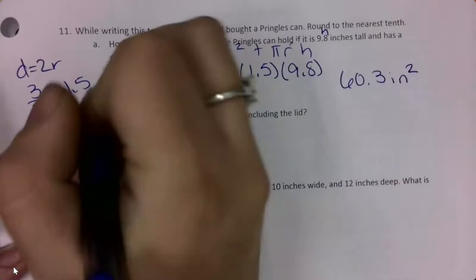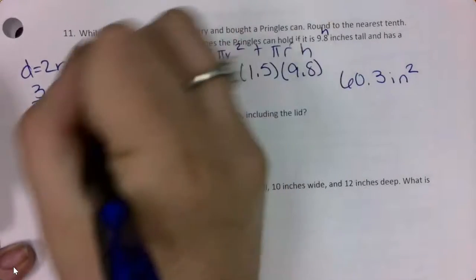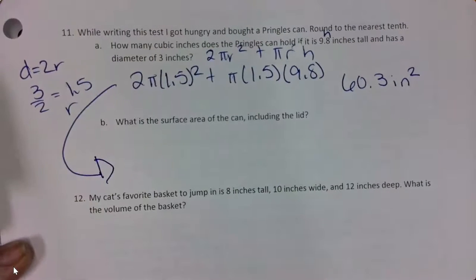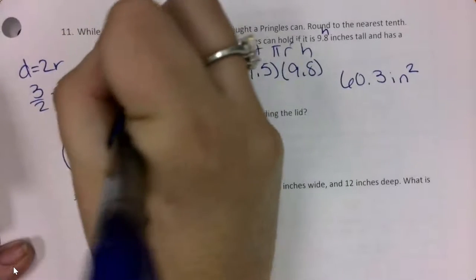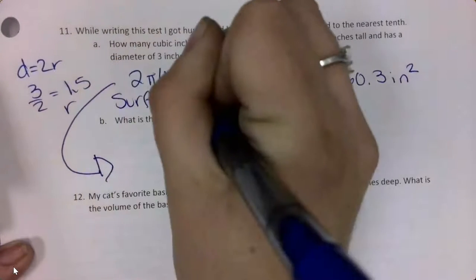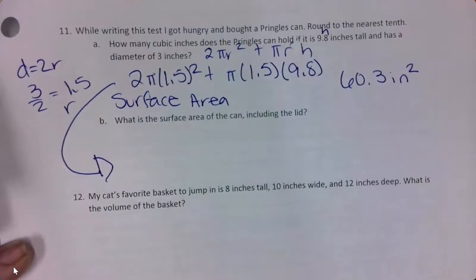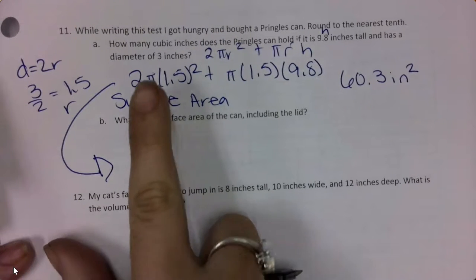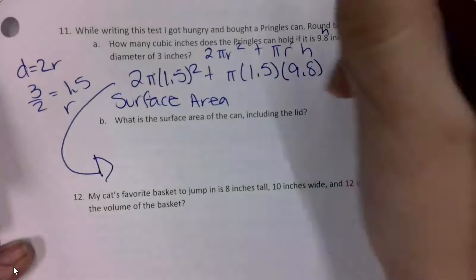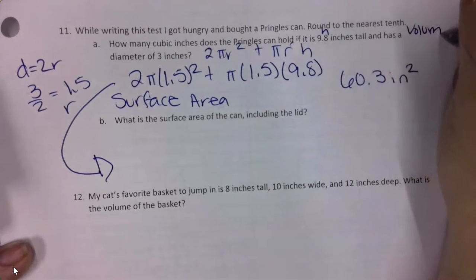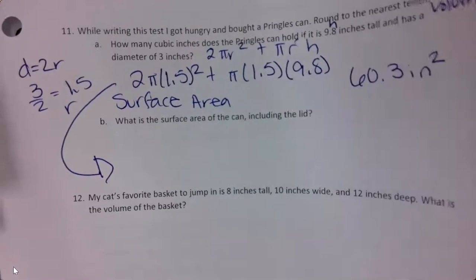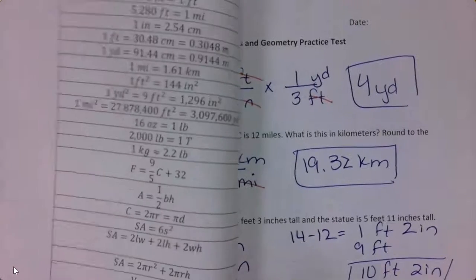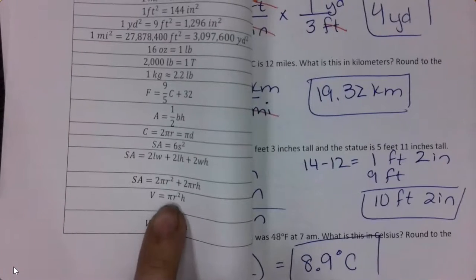This is surface area, I just realized. I accidentally did this for B. Read the question it's asking me. So this was surface area. My bad, I apologize. So I'm going to answer A in this second part. I should have been answering volume. So the volume formula is this one, the pi r squared h.